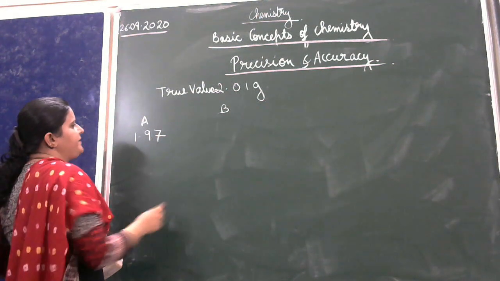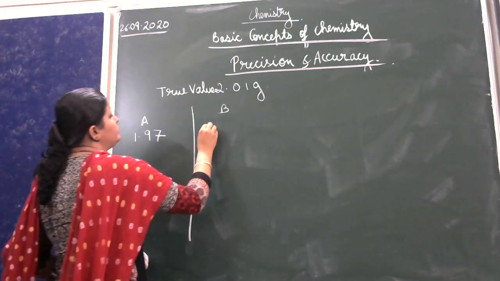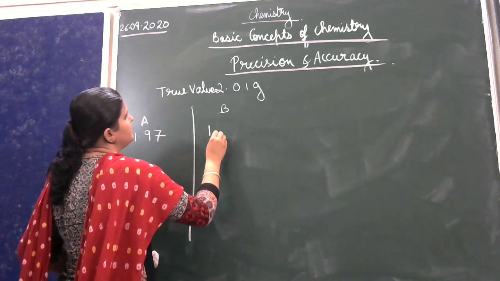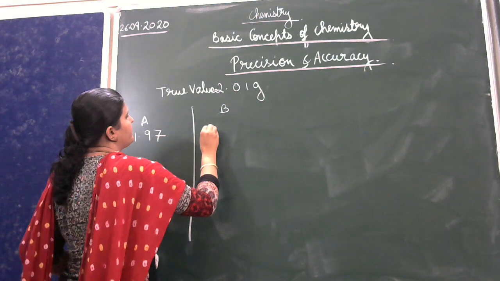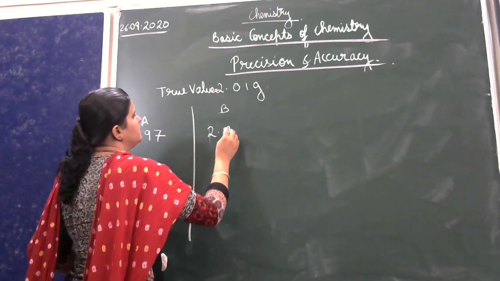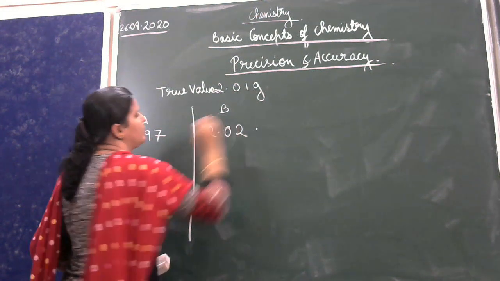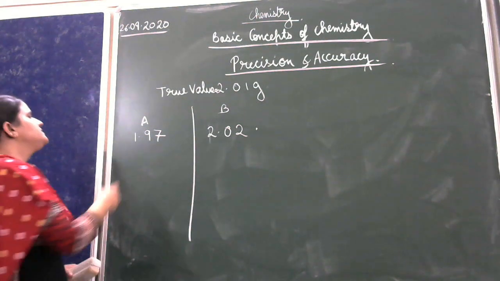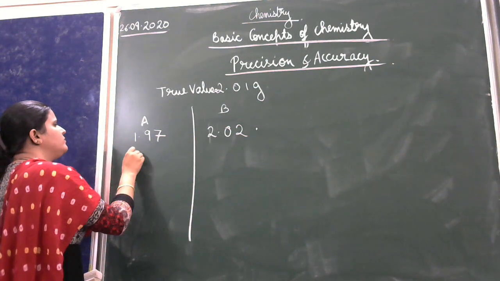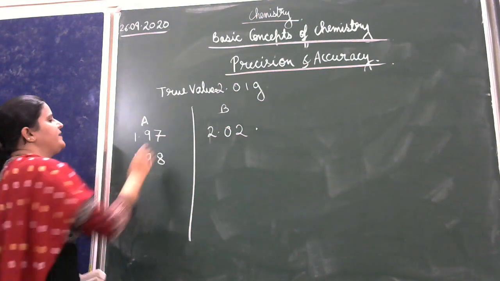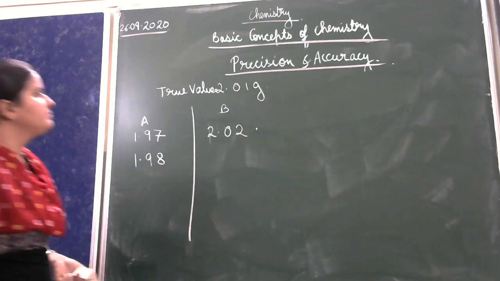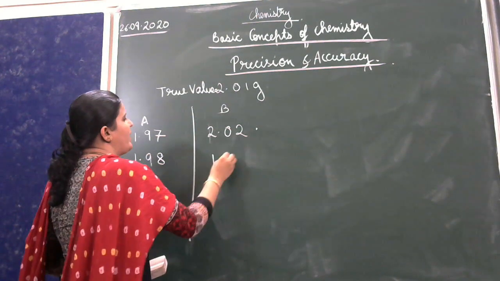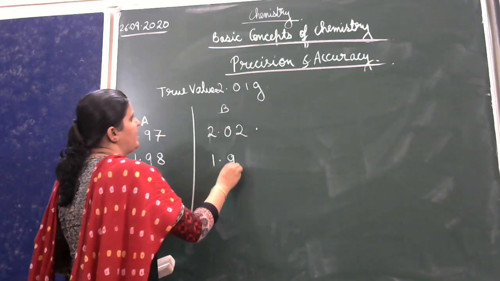And B has got the value, suppose 2.02. Again, in the second chance, A has got the value 1.98 and this time B has got the value 1.99.